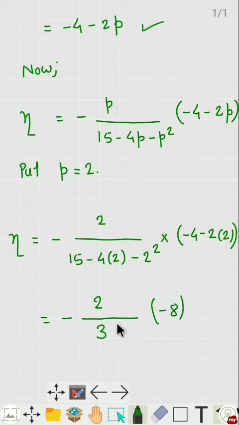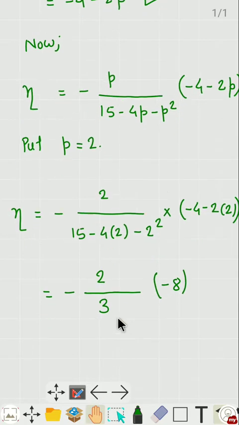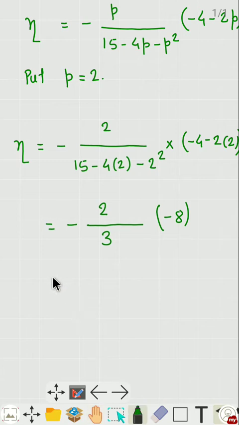The final calculation is eta equal to 16 upon 3. So this is the price elasticity of demand.